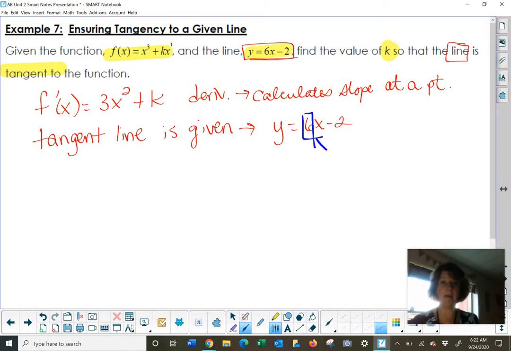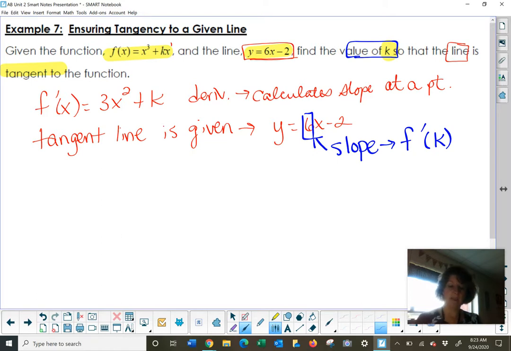This indicates mx plus b. This is the slope. Well, if that's the slope, then that's the value of f prime at k, because they want it to be tangent at k. Let's add in at k is given, because that's important that we recognize it.